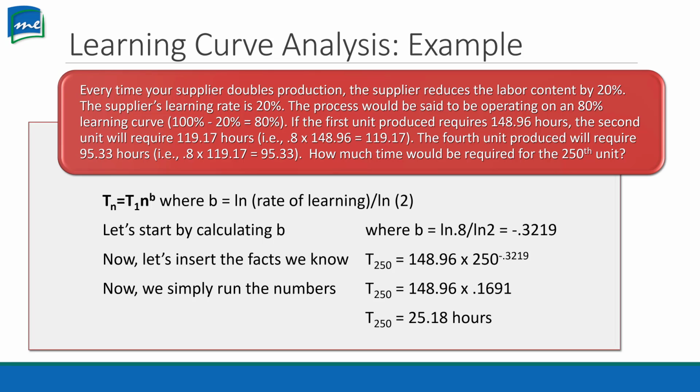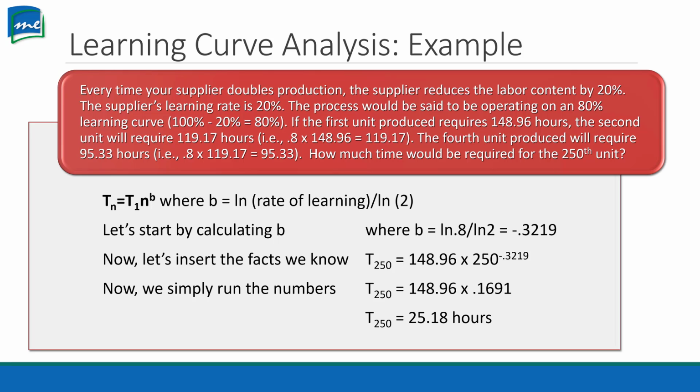Remember, that's the natural log of our learning curve, which is 80%, divided by the natural log of 2. So that's natural log of 0.8 divided by natural log of 2, which equals a negative 0.3219. So you want to be that specific. You want to go at least 4 decimal points.